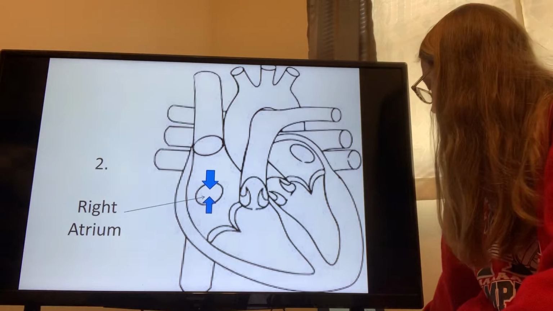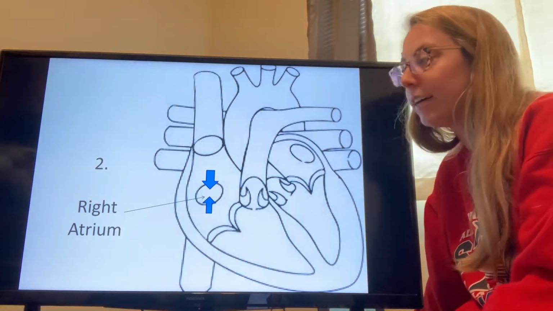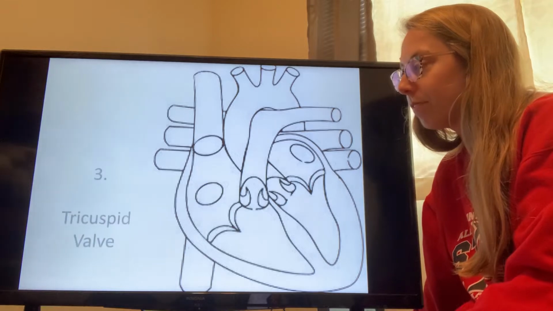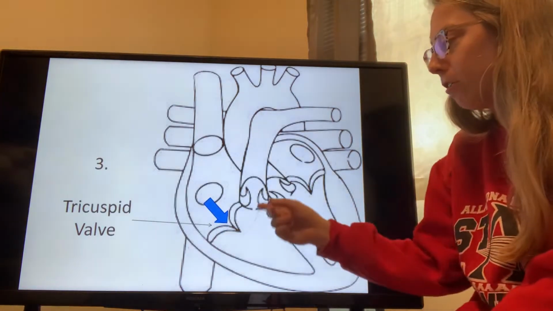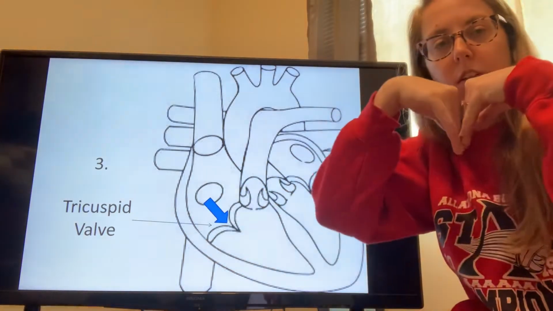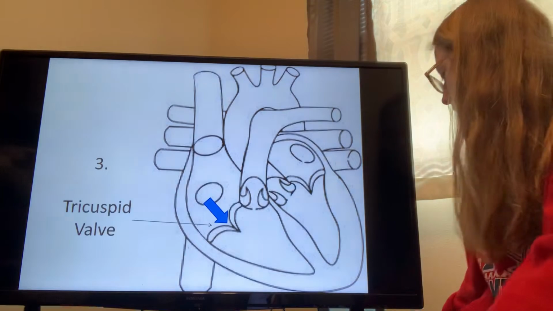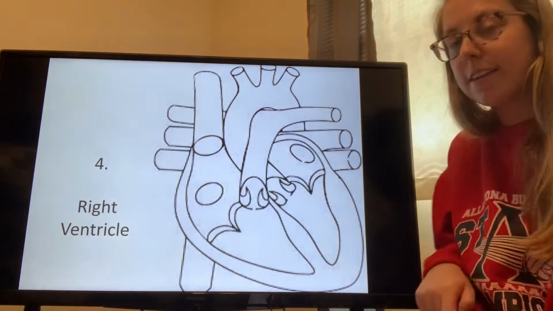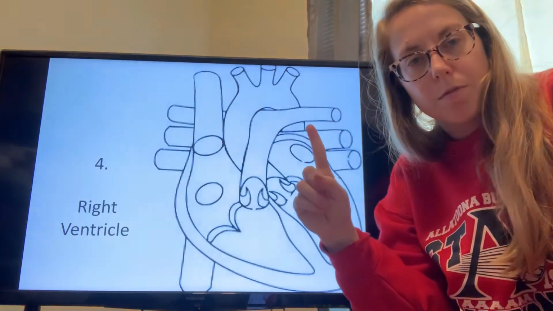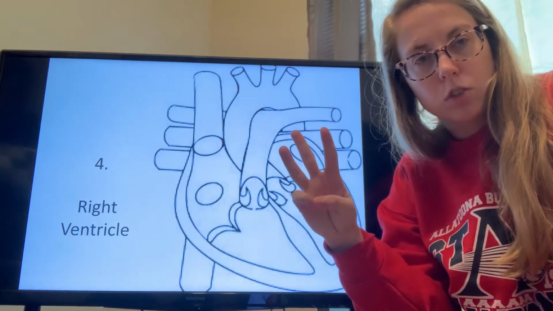Next in our pathway of the blood, so we went from the superior and inferior vena cava through the right atrium to the tricuspid valve. So that's that first weird opening that we see. Then through the valve, we go to a ventricle. So it's always going to go atrium, valve, ventricle.